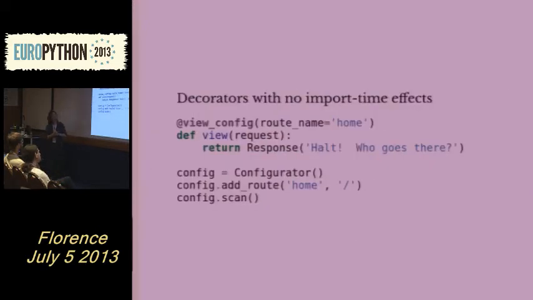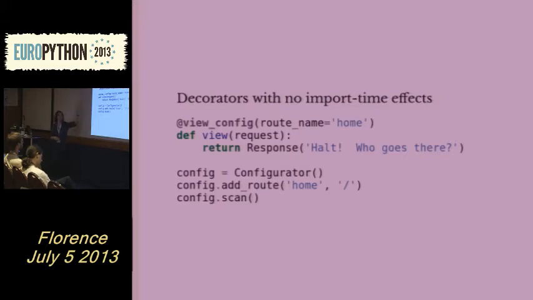Another nice thing is that, like in Flask, for example, we can decorate views with some decorator to add them. But unlike Flask, it's not a decorator with an import time side effect. In Flask, you add a decorator, and when the module is imported, the view is added to some list or some register. Here, it's not the case.